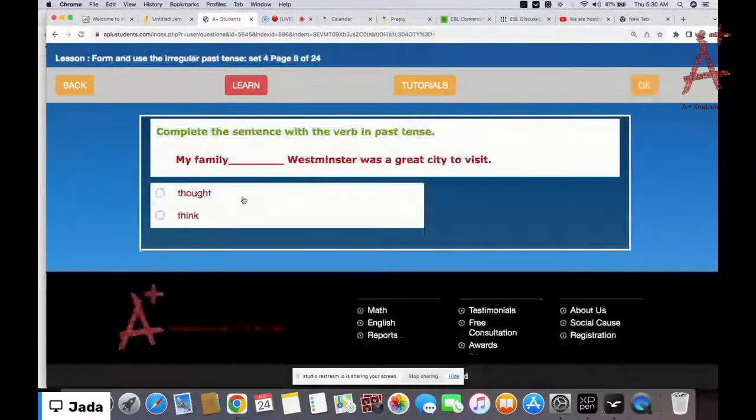So yeah, my family. So it was like, okay, so yeah, Westminster was a great city to visit. So my family thoughts. Okay. So this one is going to be words. Thoughts.